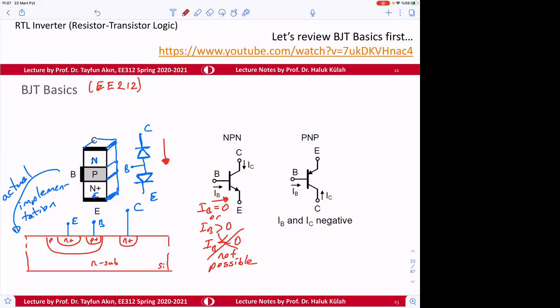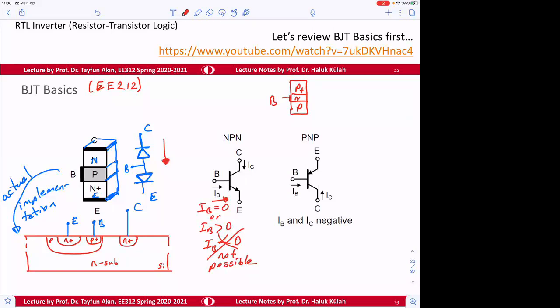We'll see the details of this again soon, but we can also implement the same thing as a PNP device. In the PNP device, we can draw this and say that this middle point is N, and the emitter is going to be here, P plus, and this is going to be P, and we can put the base here.